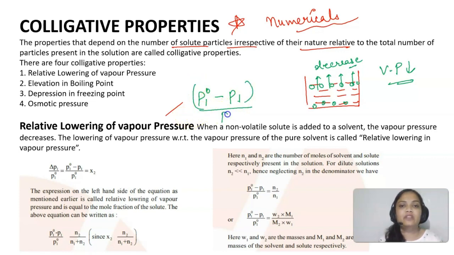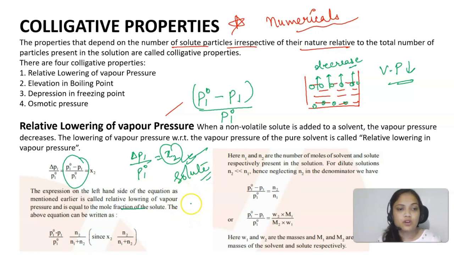If I divide it with the pure vapor pressure, it becomes a relative lowering of vapor pressure, so delta P1 upon P1 naught. So it is equal to the mole fraction of the solute, that you must know. So this is known as relative lowering of vapor pressure and this is the mole fraction of solute.